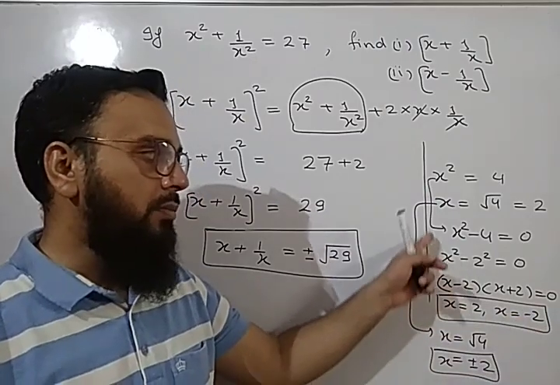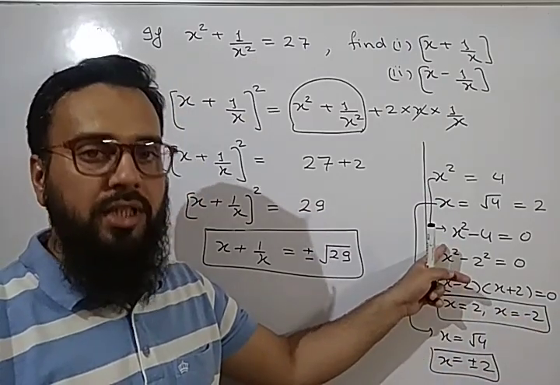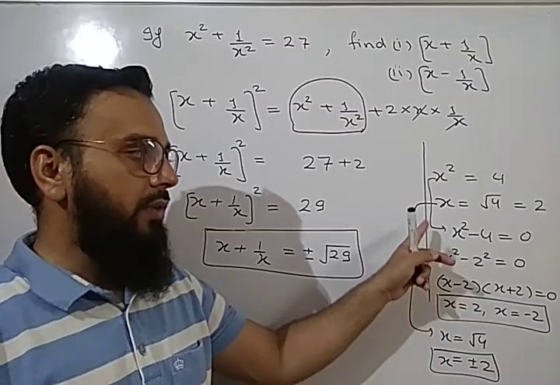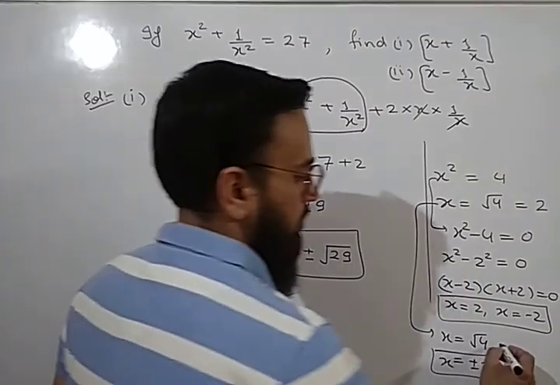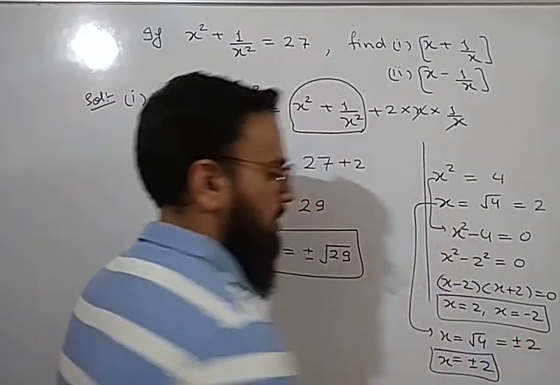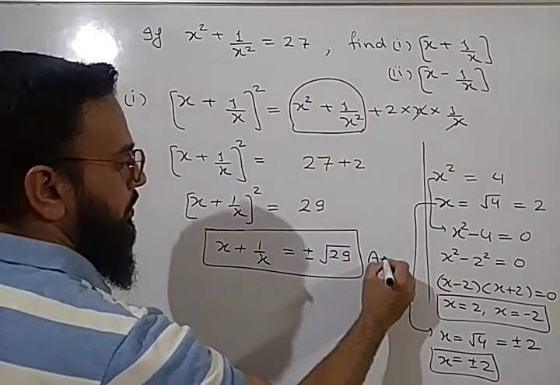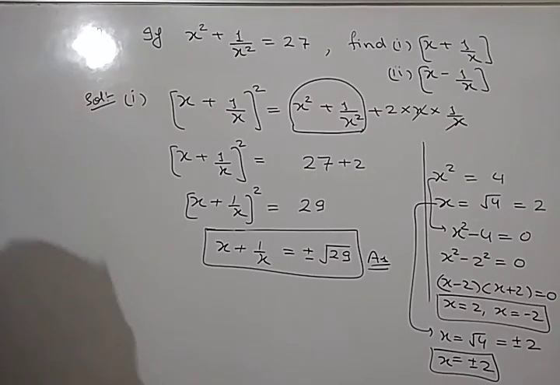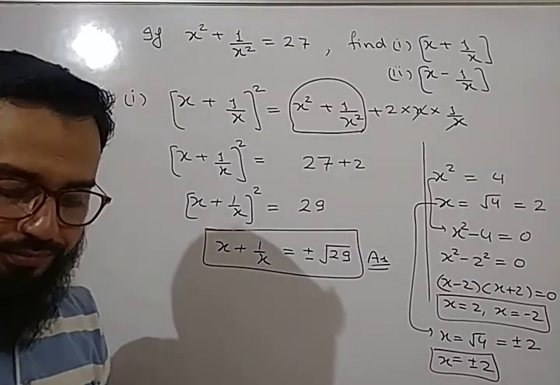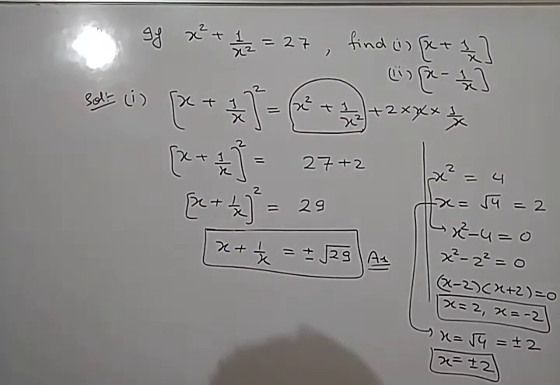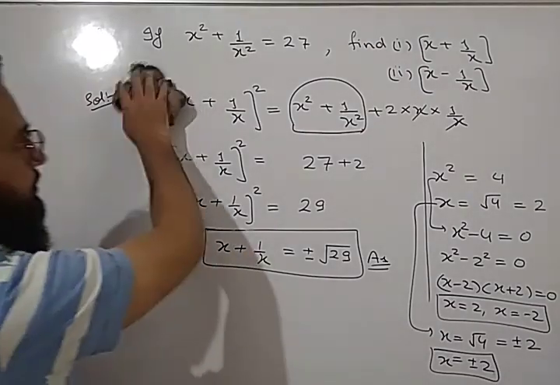Why are these coming? Because this is a quadratic polynomial. Okay, so whenever you take the square root, x equal to root 4 will be equal to plus minus 2. That's why the answer of x plus 1 upon x is plus minus under root 29. Okay, so it is our first part. Now coming to the second part.